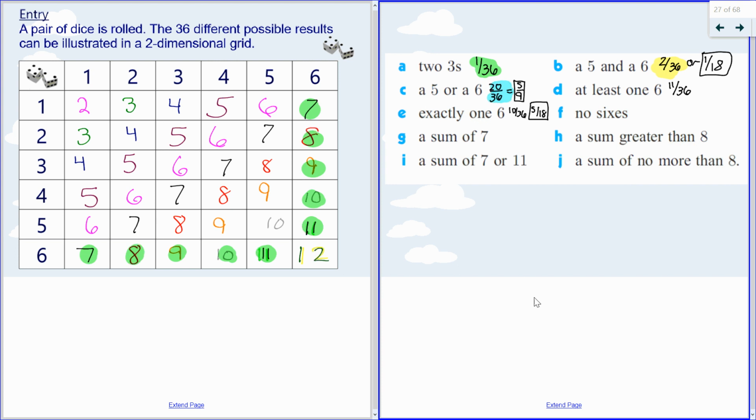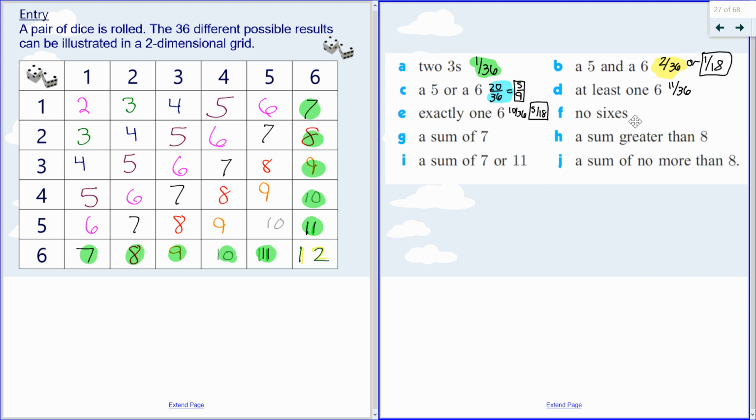Okay, next, no sixes. So this is going to be a great use of complement. The complement of no sixes is at least 1 six. So those are opposites. Complement and opposite are kind of the same thing.